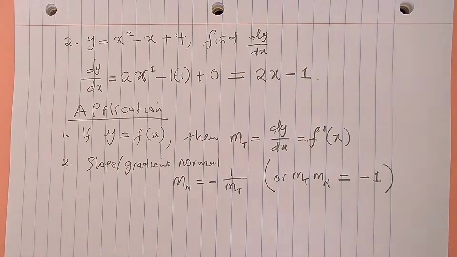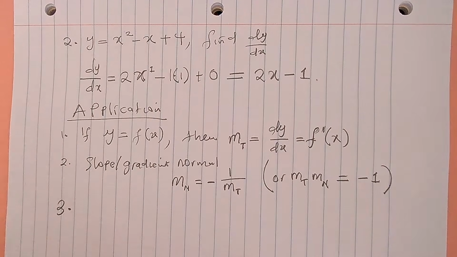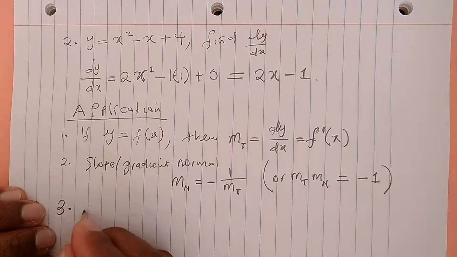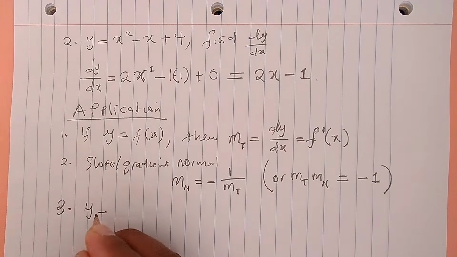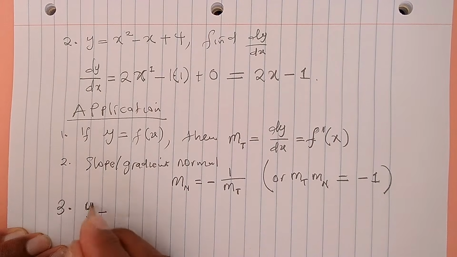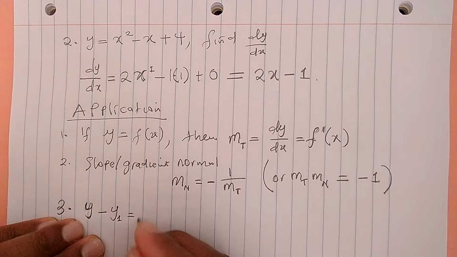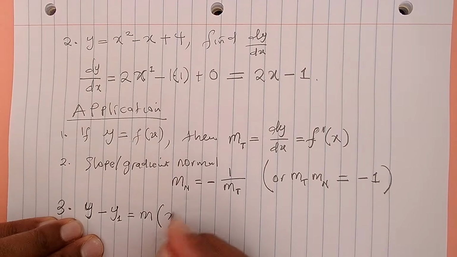All right, so if that is clear, let us give another formula. So number 3, this is the third formula. The equation of a line: any line can be formed by y minus y1 is equal to the slope m times x minus x1.